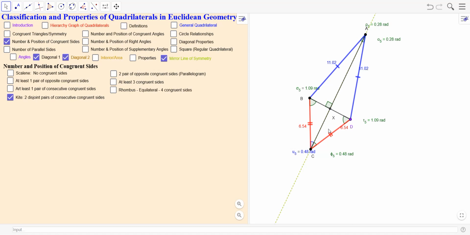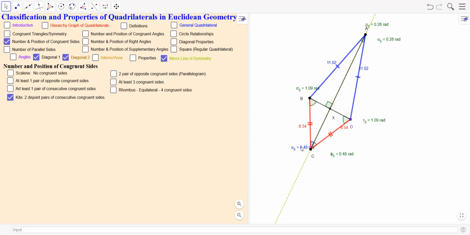So what this says is that the major diagonal, or at least the line containing the major diagonal, is a perpendicular bisector of the minor diagonal. Now, of course, the minor diagonal is perpendicular to the major diagonal, but it's not necessarily a bisector. Notice the way I've got it drawn right now, CX is quite a bit shorter than AX. So here we have one diagonal being a perpendicular bisector of the other.